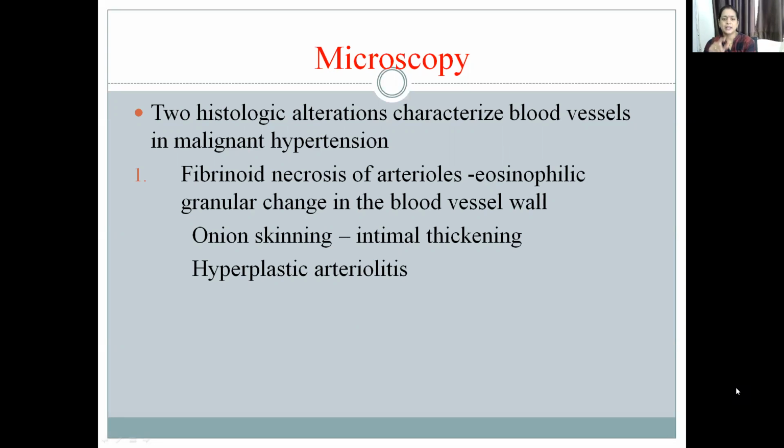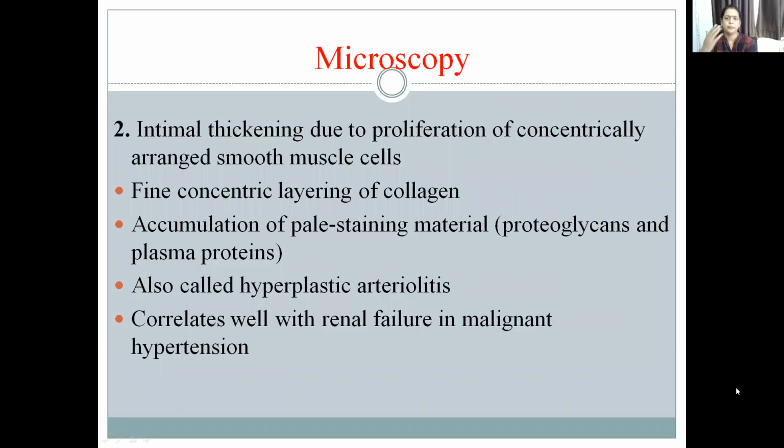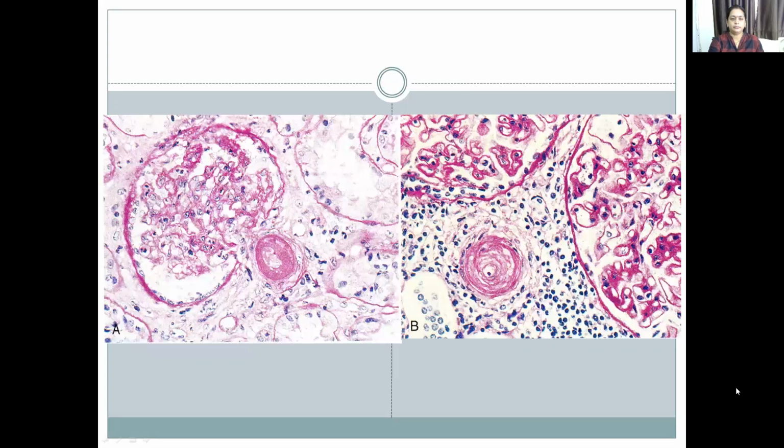Okay, onion skinning: there is intimal thickening, hyperplastic arteriolitis because of the increased layers. Then fine concentric layering of collagen, accumulation of pale staining material, that is because of the proteoglycans and the plasma proteins. Then it correlates well with renal failure in malignant hypertension.